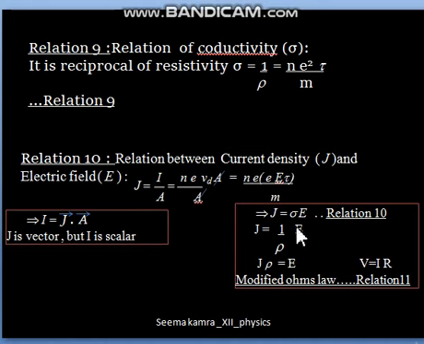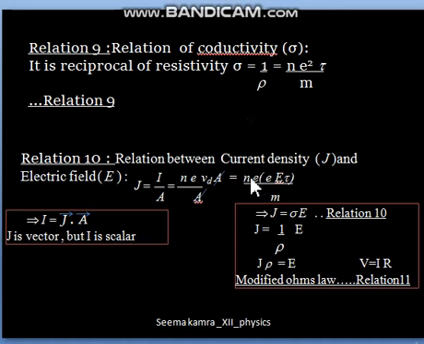Now we can continue to get one idea. In terms of E we have already got the answer, but this ne²τ/m is also sigma. You can see from here, ne²τ/m is sigma, that means conductivity.